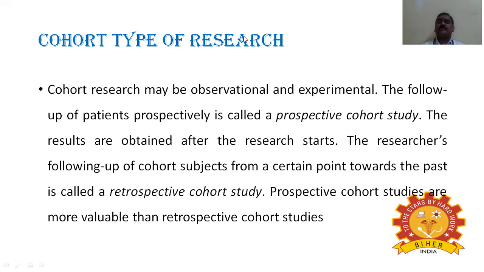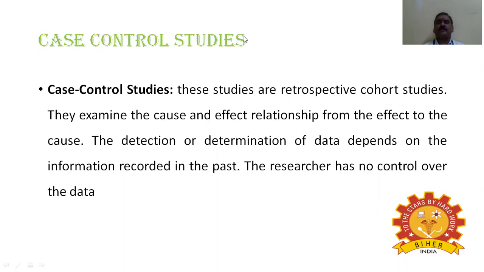The researchers or scientists following up the cohort subjects from a certain point towards the past is called a retrospective cohort study. So the prospective cohort studies are more valuable than the retrospective cohort studies. Next, I'm coming to the case control studies.